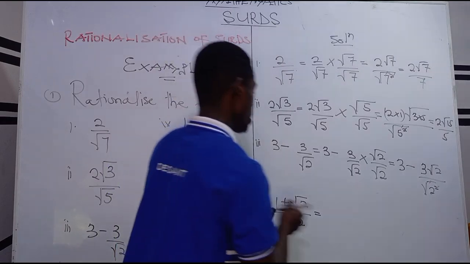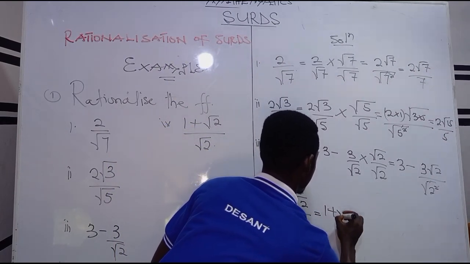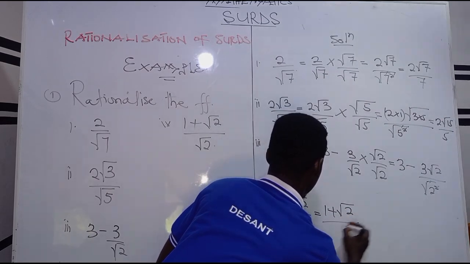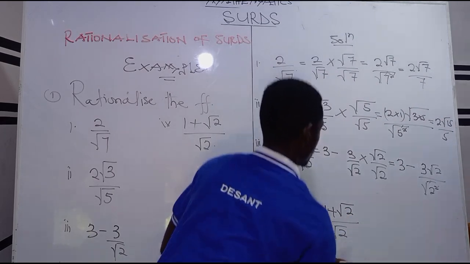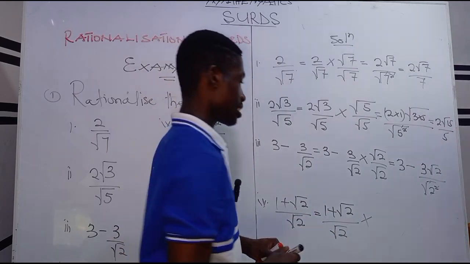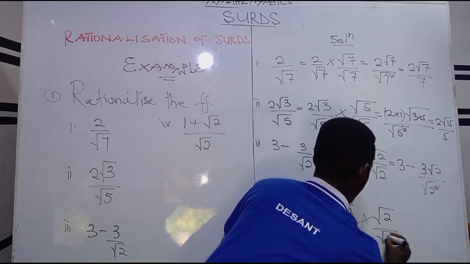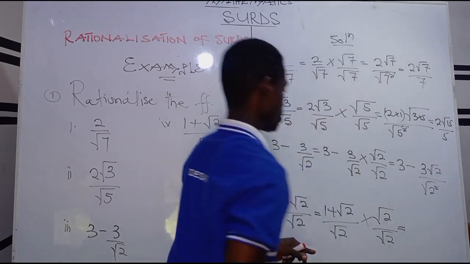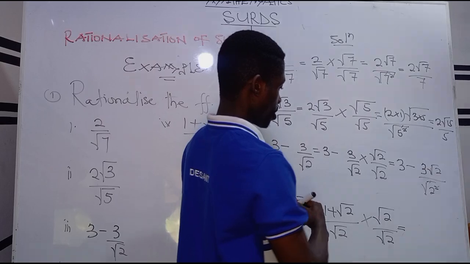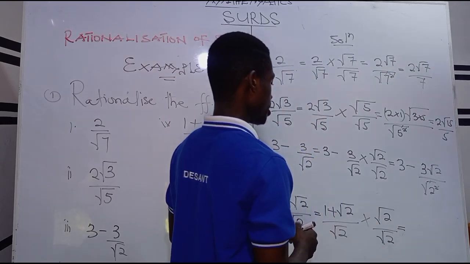So we are going to multiply the top and down by the denominator of this very fraction. So we are going to get, we have to expand and simplify.